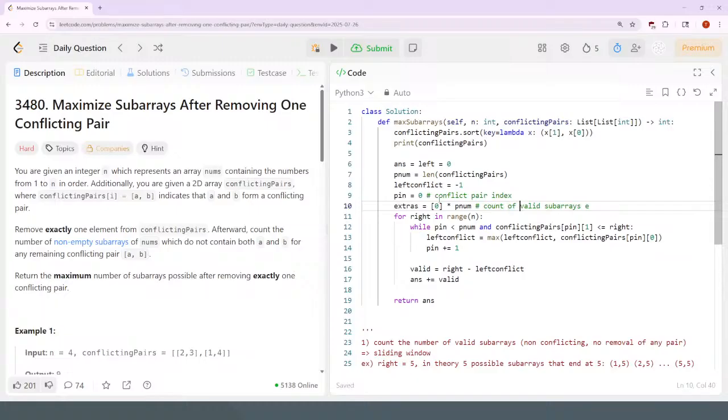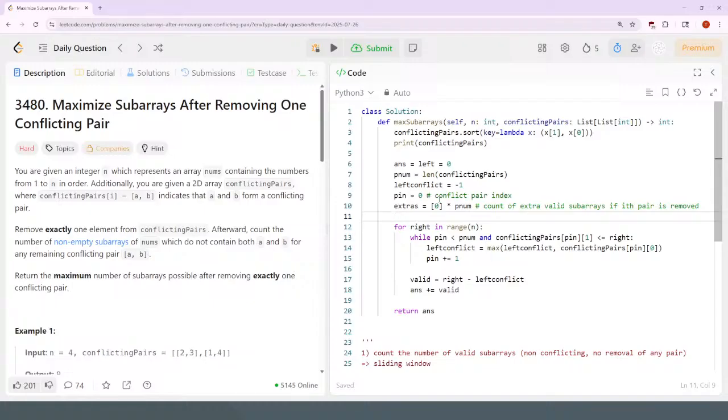Count of extra valid subarrays if conflicting pair i is removed, or if ith pair is removed. Okay.